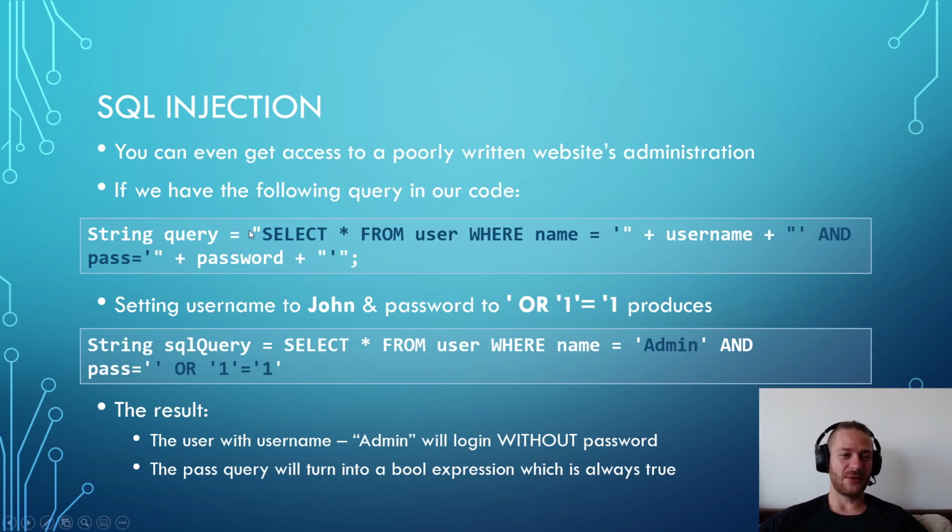And what we can do is, for example, if we try to search for a user to log him in, validating his password, validating his username, we can say something like string query, select everything from user where name equals the username and password equals the password.